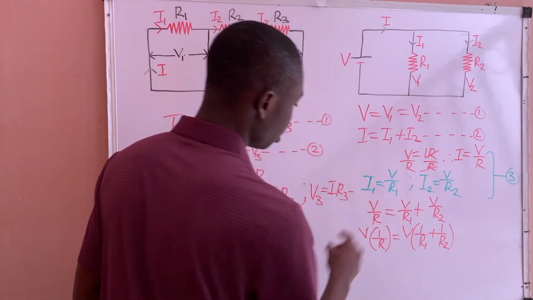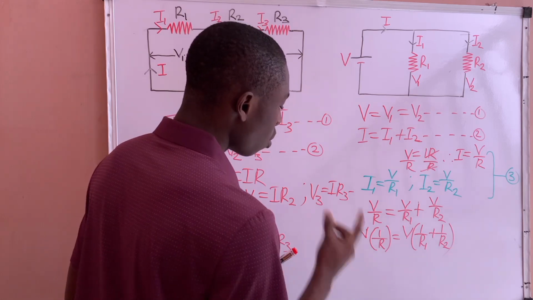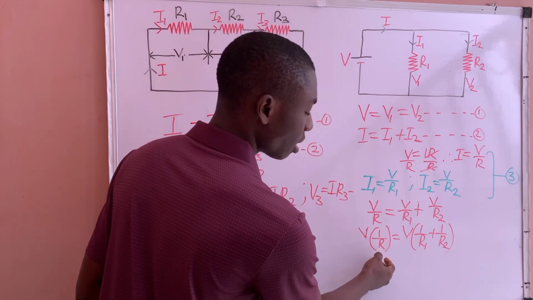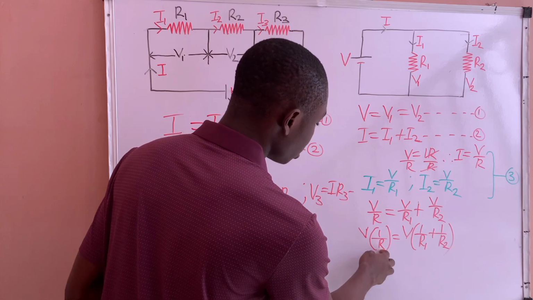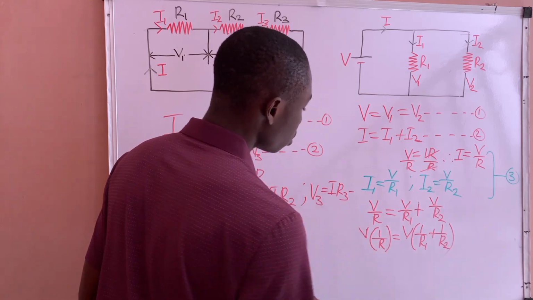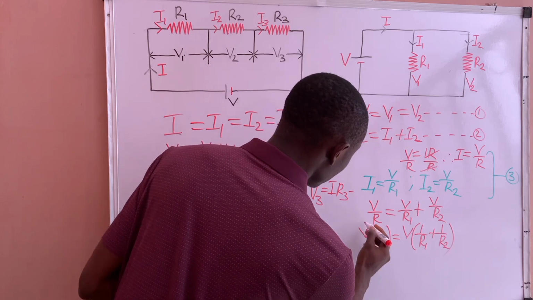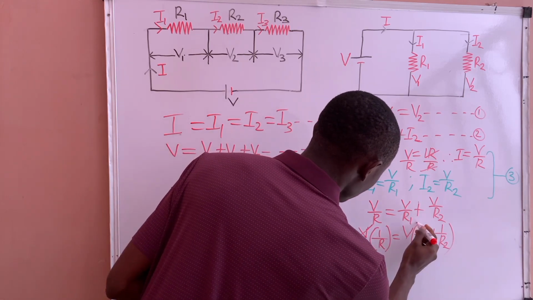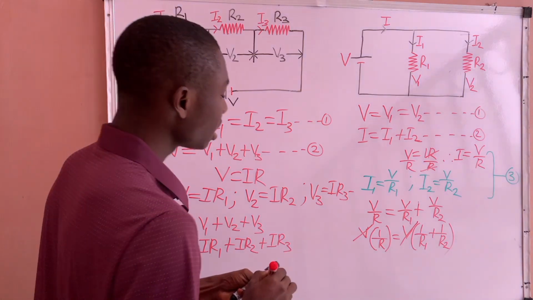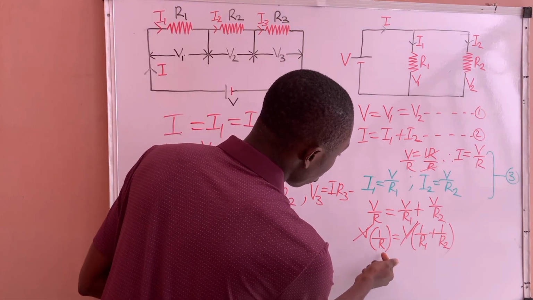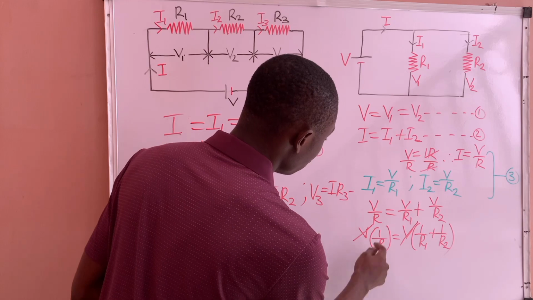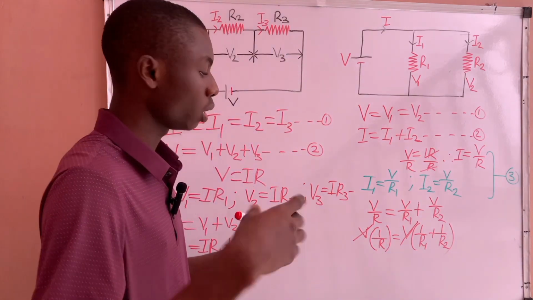So now at this point, what we are looking for is the equivalent resistance, which is RT in the parallel circuit. So at this point, this can take away this, or we can divide both sides by the coefficient of 1 over RT, which is V. Any of them will work.